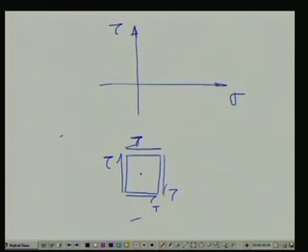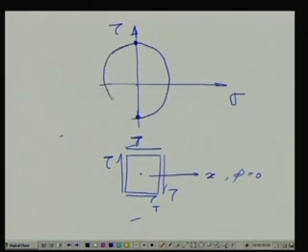What is the state of stress? This is the x plane, or what we consider phi equals 0. Here we see only shear stress, so we plot the shear stress. Then if we construct a circle, joining these points, this is the center of the circle, and this comes out to be the Mohr circle.